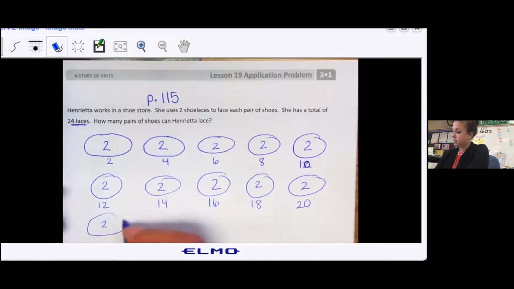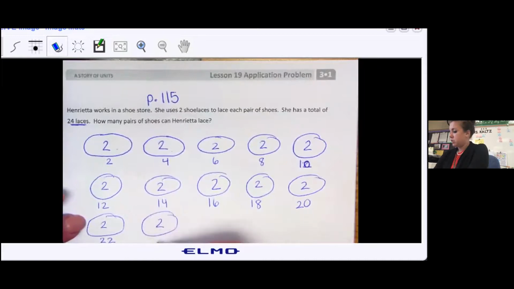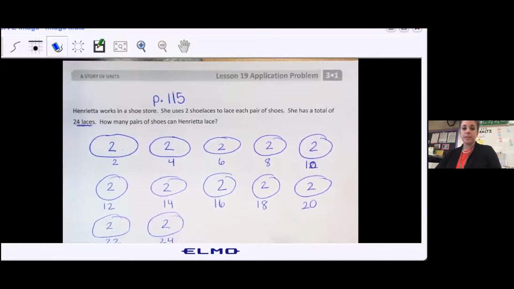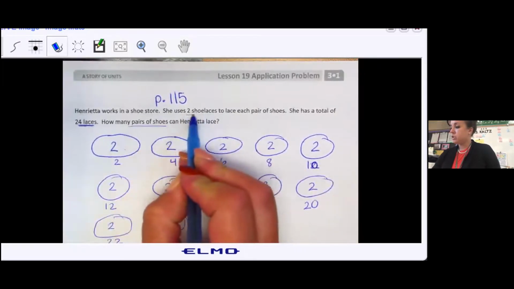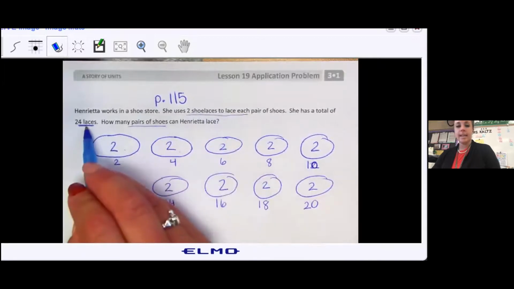Still more. 22, 24. So each of those circles are my pairs of shoes, which is what I'm looking for. I put 2 shoelaces in each pair, and I stop because she only has a total of 24.